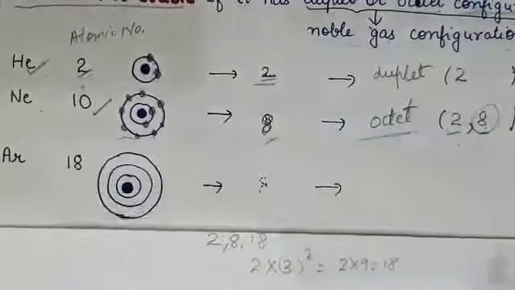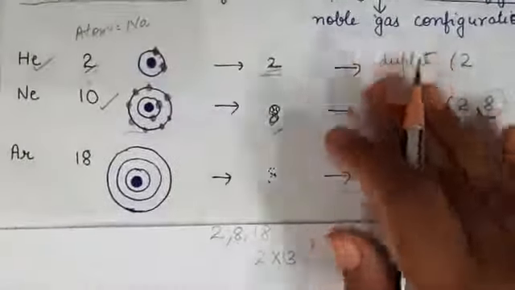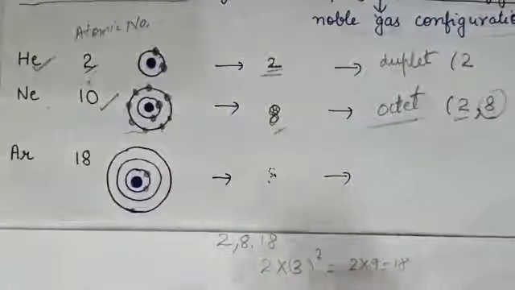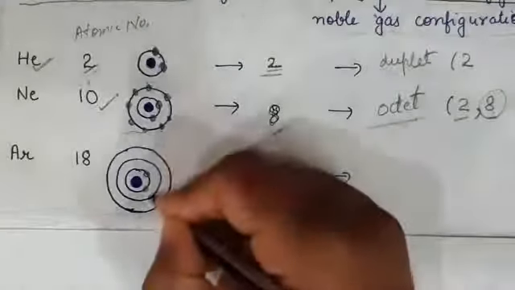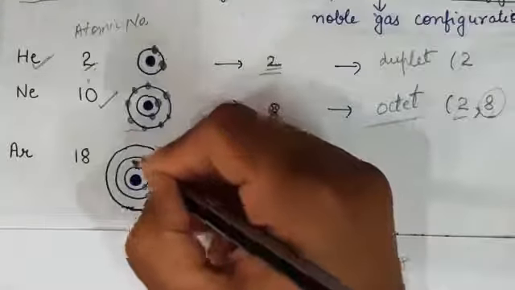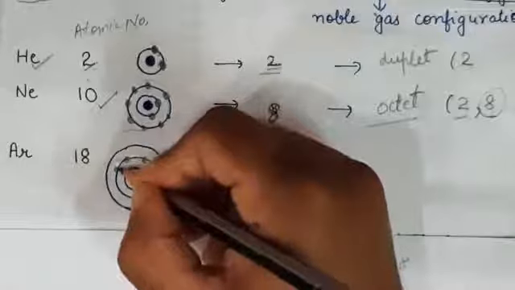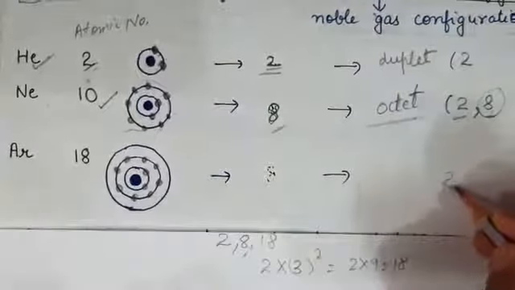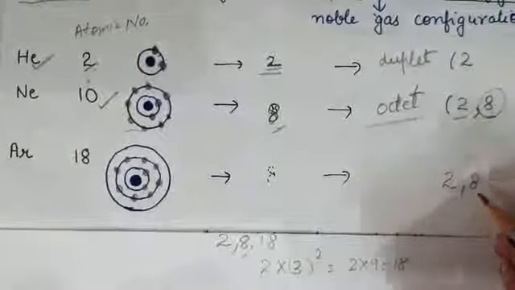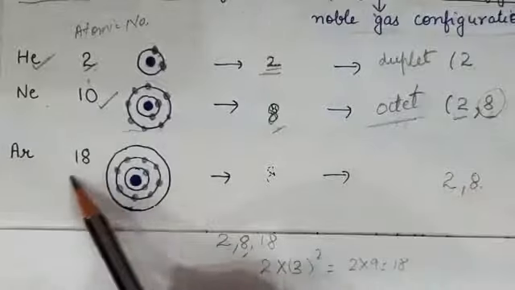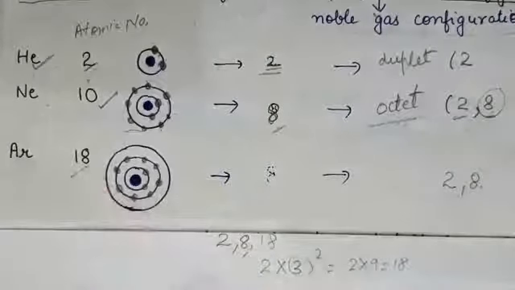So let's start filling. First is 2 electrons, 2 filled. Second shell is 8 electrons: 1, 2, 3, 4, 5, 6, 7, 8. So we have filled 2 electrons in the first shell and 8 electrons in the second shell. 2 plus 8 is 10. How many electrons are left out of 18? It will be 8 electrons left.